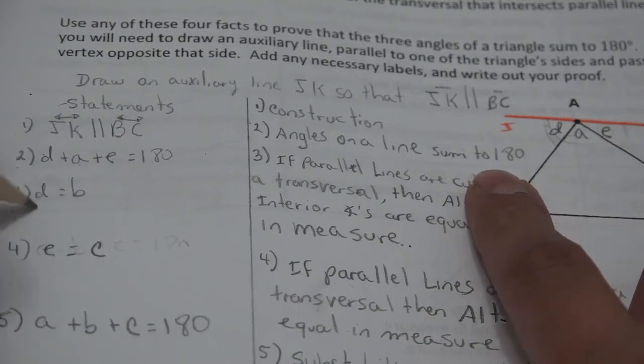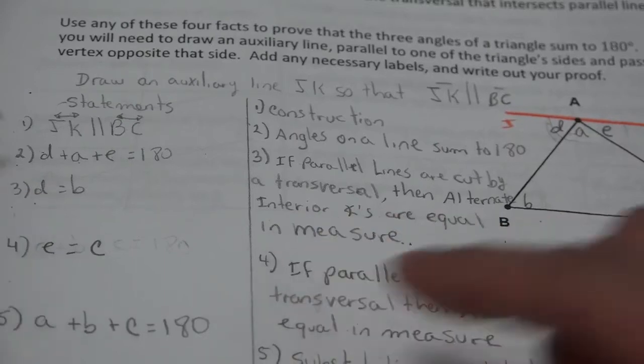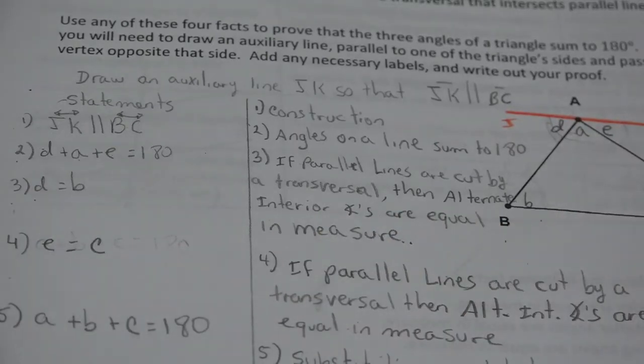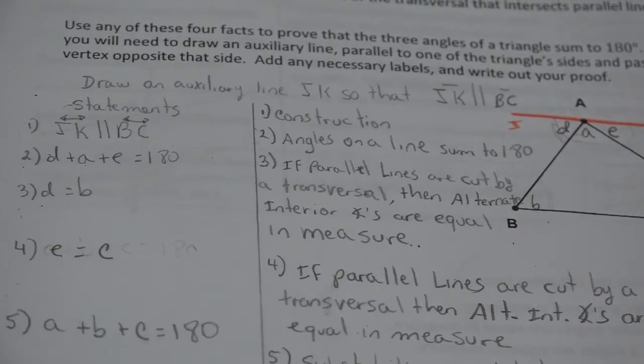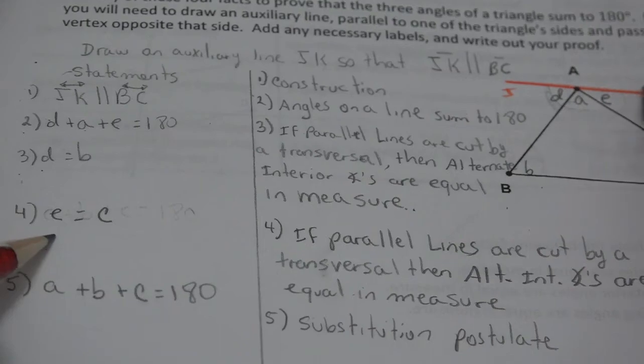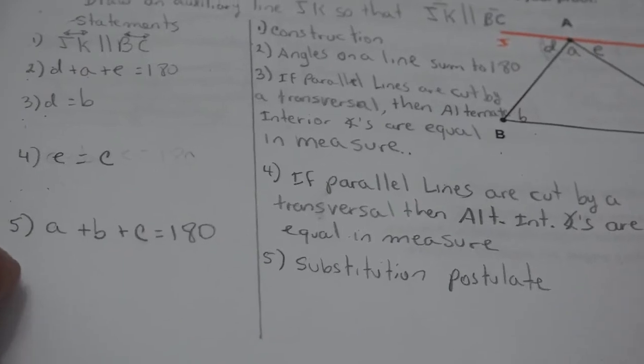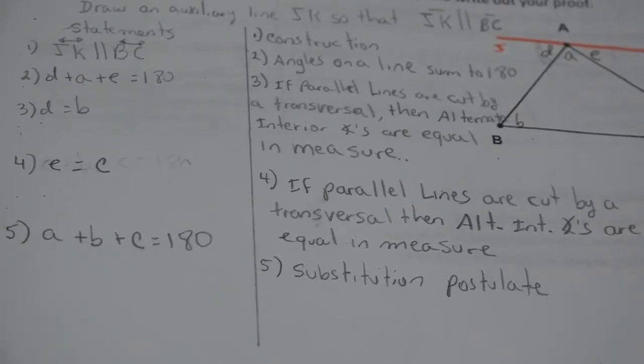Then number 3, I decided that if parallel lines are cut by a transversal, then alternate interior angles are equal in measure. And again, the same reason for this one, because I got this one and this one right here, alternate interior. So the same reason goes for that. And then guess what?